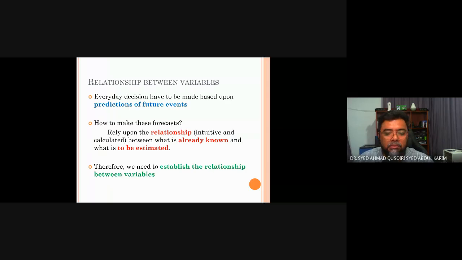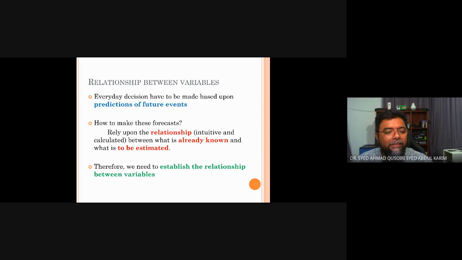All right, so as we have discussed before, in doing research, you have to identify your variables and which one is the independent variable, which one is the dependent variable. And when we are dealing with two or more variables, there would be a relationship between those variables.